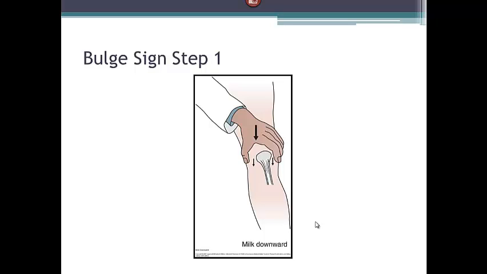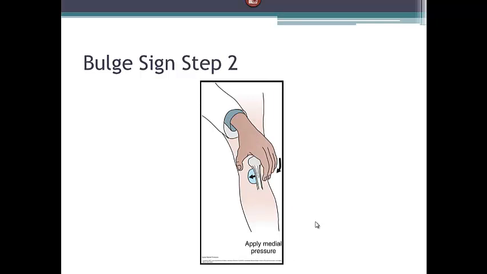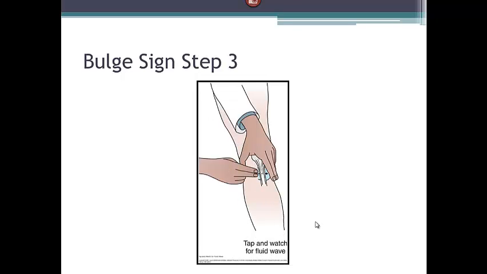While you're maintaining pressure on the lateral margins of the patella, tap on the patella with the other hand. This is another technique to be able to do the bulge sign. This is step 2, which is basically tapping. This is step 3, basically displacing, and see how the fluid waves move.